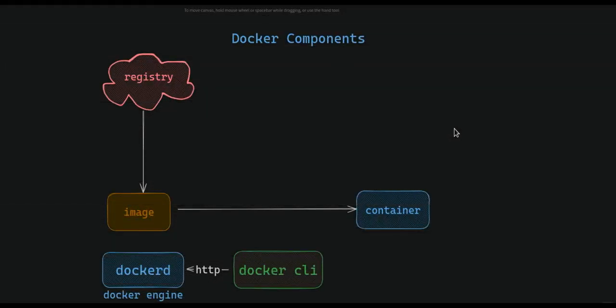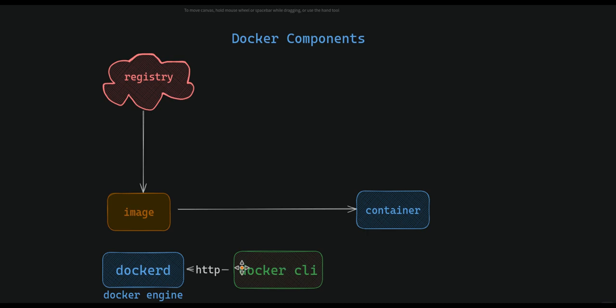Let us see the different components of Docker. The main component of Docker is this dockerd, that is called the Docker daemon. When you install Docker on your machine, this is the portion of software which is installed on our system. This is the brain of Docker, you can call it. And along with this, another component which is installed is the Docker CLI, a command line interface.